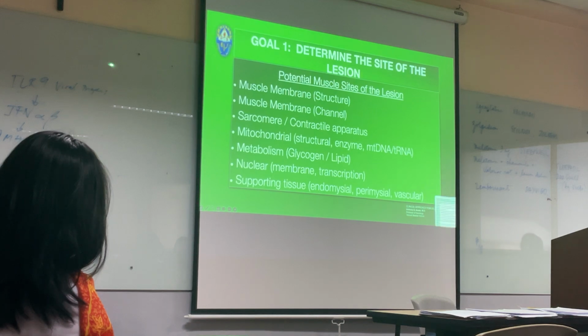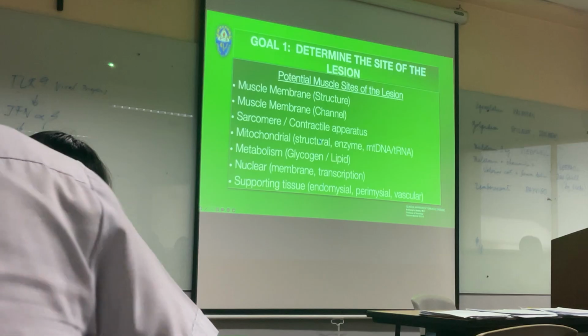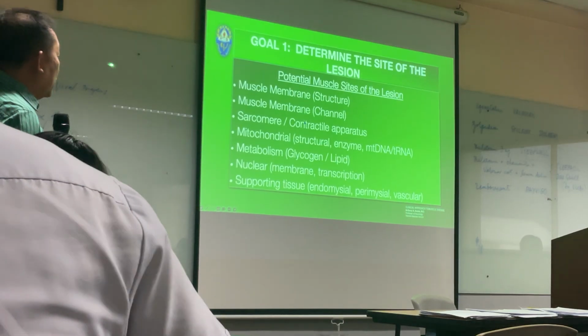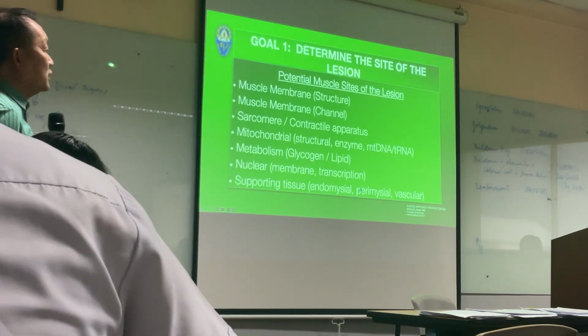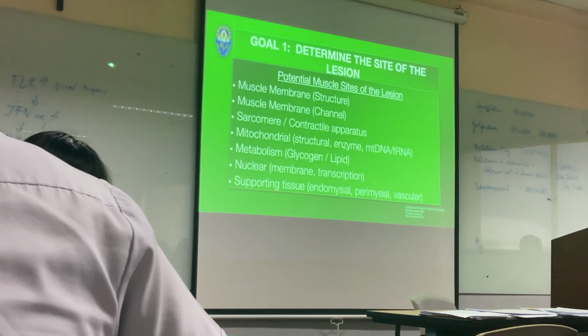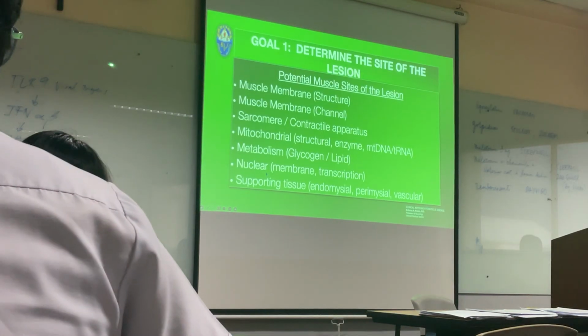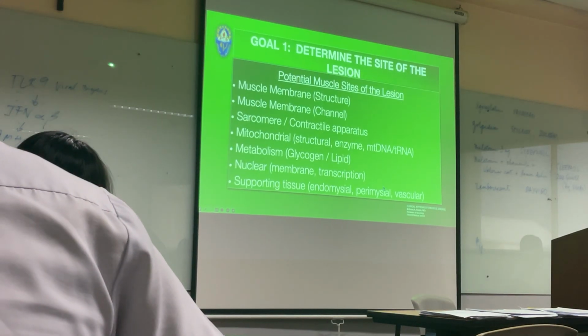Supporting tissue, why muscle disease? Of course, when you have a problem with the supporting tissue, mostly inflammation of the supporting tissue, that will also cause myositis. Connective tissue disorders can manifest.